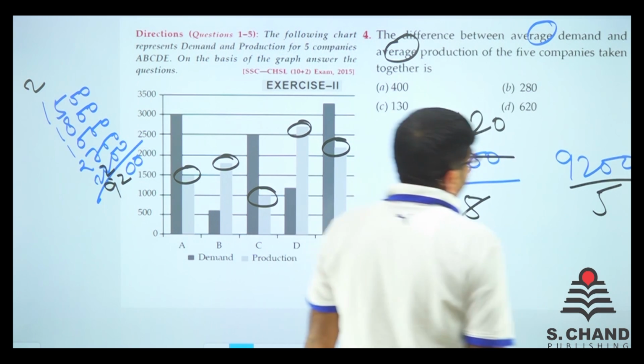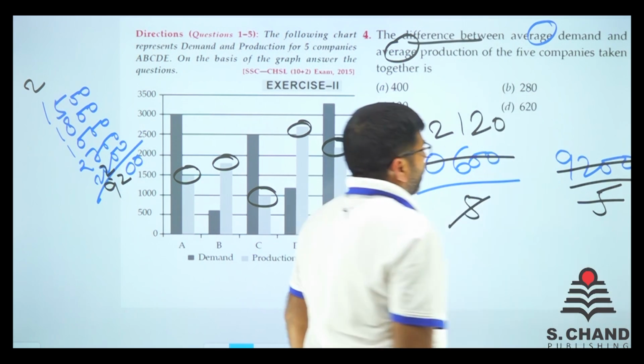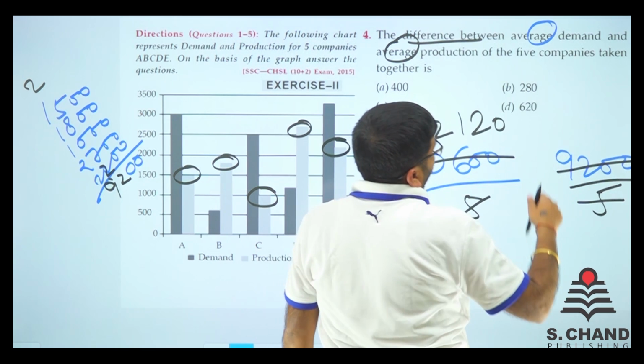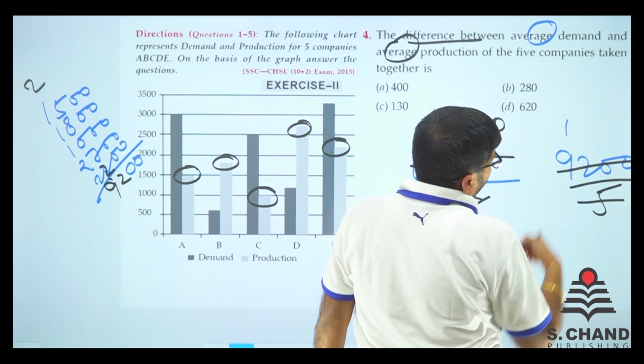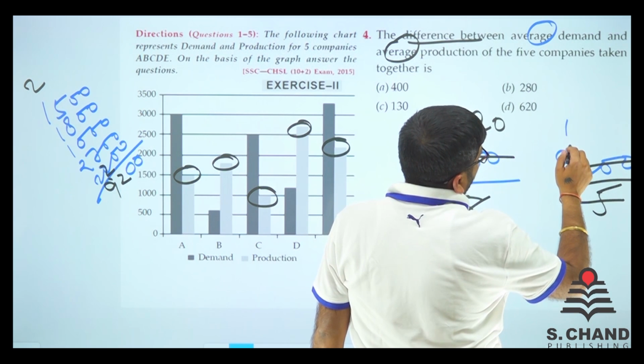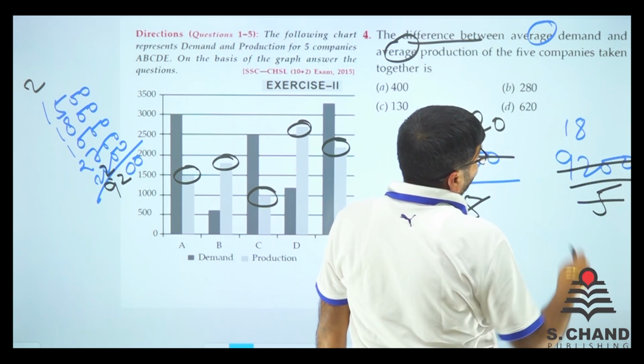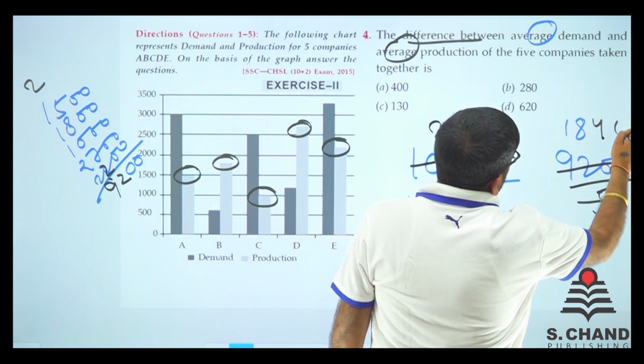Okay, average. We need to find out average first. Then 92 by 5. So how much is it? Okay, so 5 is when you divide 9, we get 1 times, we get 42. 42 is like 8 times, that is 40. So we got 8. Now 20 is 4 times, so 1240.